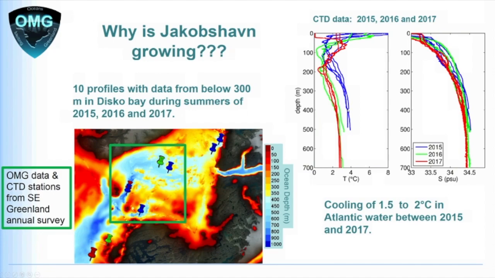There was a pretty clear cooling of this deeper subtropical water that flows into Disco Bay and eventually reaches the glacier. And it coincides perfectly with the advance and thickening of the glacier. To make a long story short, we strongly believe that this cooling is essentially what's responsible for the recent advance of the glacier.